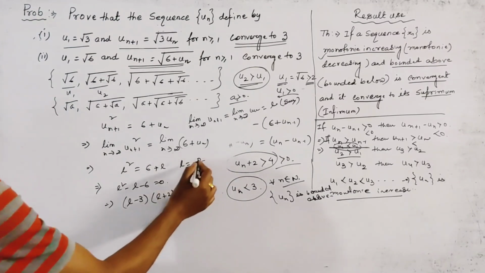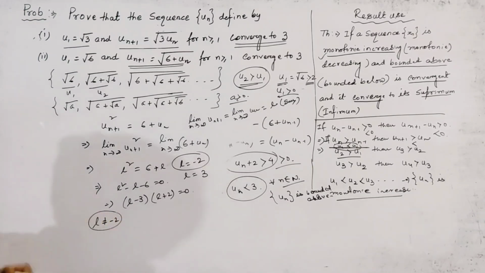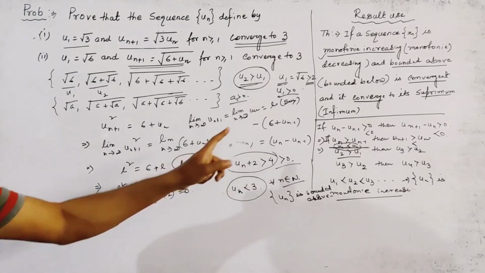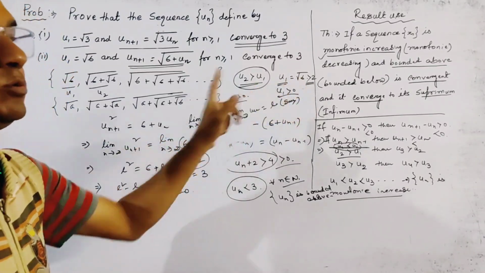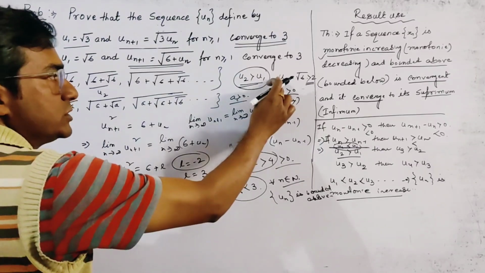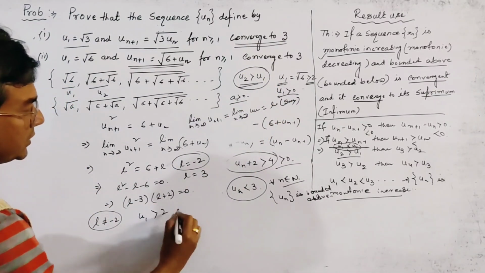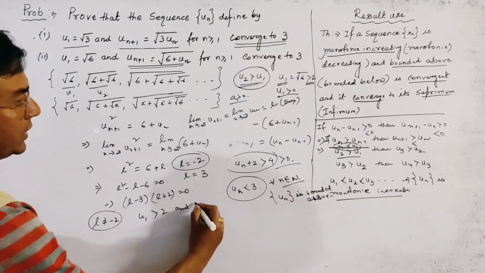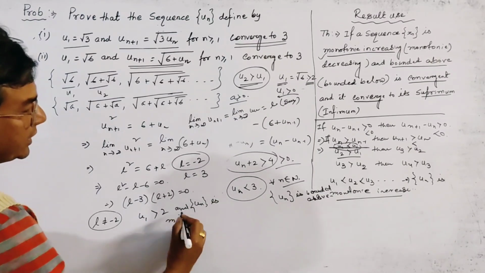But L is not equal to minus 2. Why? Because we already have u1 greater than 2 and un is monotonic increasing.